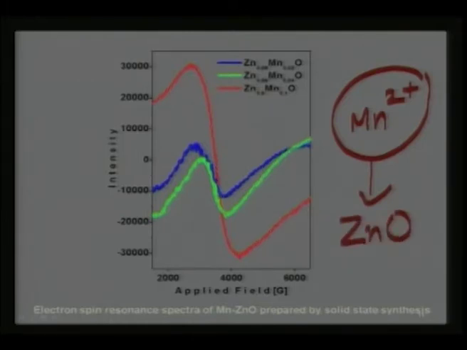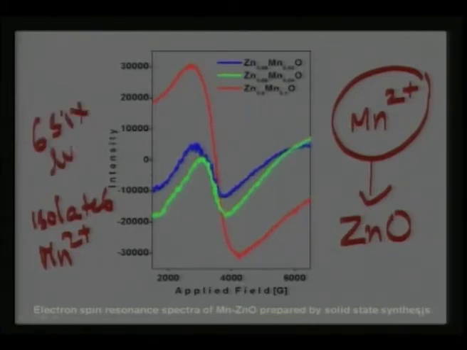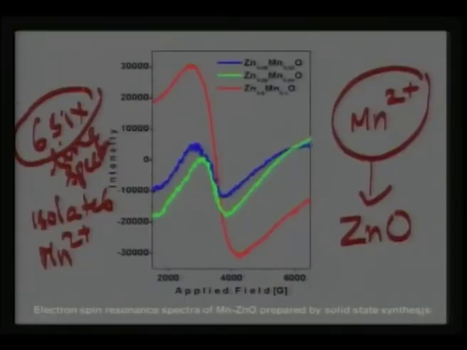Because if it is isolated Mn2+, then the ESR signal has to be a 6 line spectrum. But what we see here is a grossly broad ESR spectrum, showing that there is a cumulative effect or there is manganese interaction in the ZnO. It may be substituted, but these manganese are not isolated. As a result, you do not get the 6 line splitting spectrum, rather you get a broad spectrum.